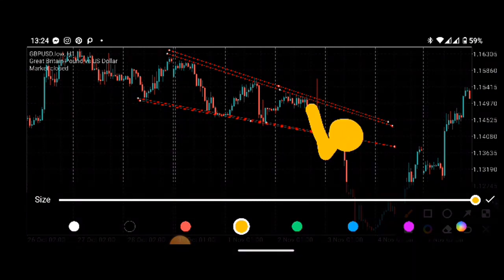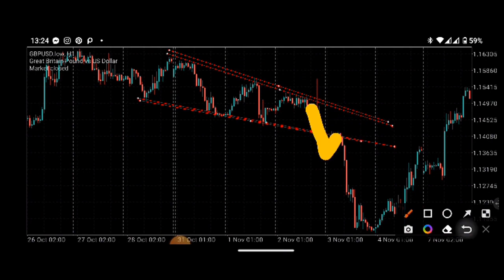So always be careful and pay attention and wait till it tests this line, and wait for the price action to confirm. And the price action here is your first bearish wick, which is a strong one. That's your signal, and that is when you should go into that trade.